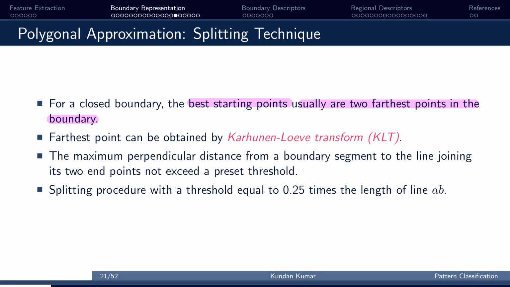Okay, and the farthest points can be obtained by the KL transform, and the maximum perpendicular distance from the boundary segment to the line joining its 2 endpoints should not exceed a predefined threshold, and that threshold may be some fraction of the line length AB. Okay, so this is basically the splitting technique that we can perform to obtain the polygonal approximation.